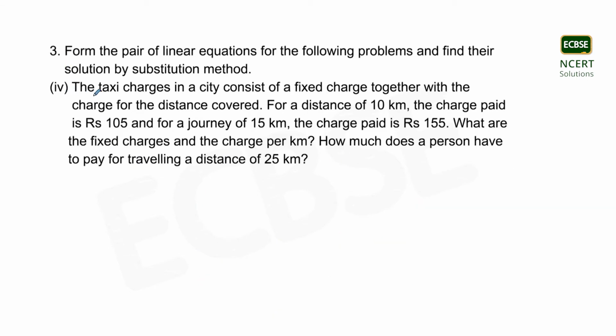Now the 4th problem is: the taxi charges in a city consist of a fixed charge together with a charge for the distance covered. For a distance of 10 km, the charge paid is rupees 105. And for a journey of 15 km, the charge paid is rupees 155. What are the fixed charges and the charge per kilometer? How much does a person have to pay for traveling a distance of 25 km? So in this problem, the fixed charges and the charge per kilometer have been asked.